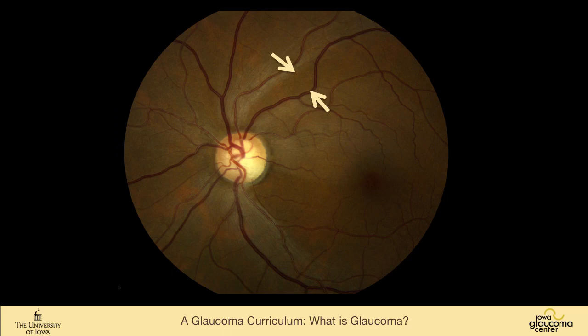This is a patient who has a visible loss of nerve fiber layer. You can see this swath of tissue that's missing right here. Normal nerve fiber here, normal nerve fiber here, but this gap here, and then inferiorly a broad gap and an associated notch in the optic nerve.